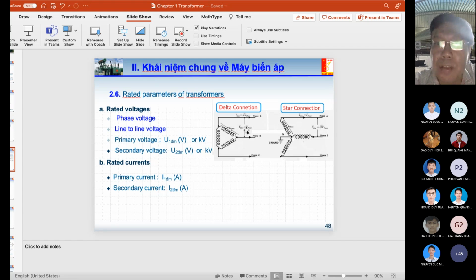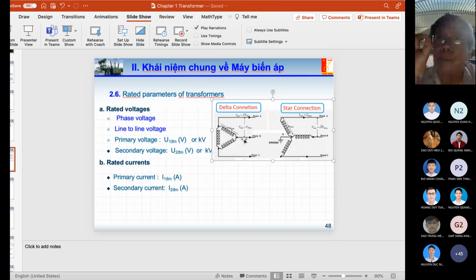Okay, of course in this one, for example, in the delta connection, you can see the phase voltage. Of course you cannot use the phase voltage directly in this diagram, but you can compute it.